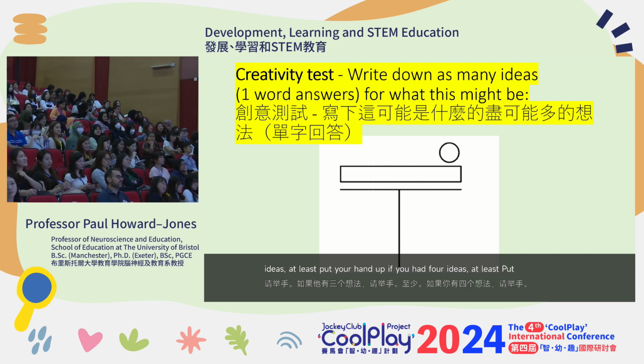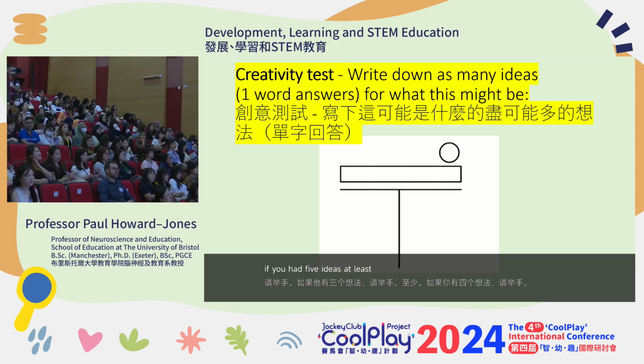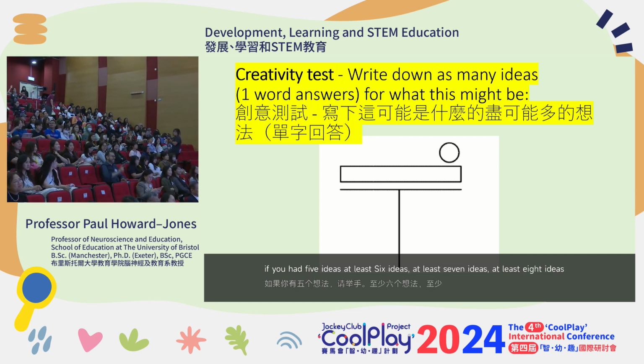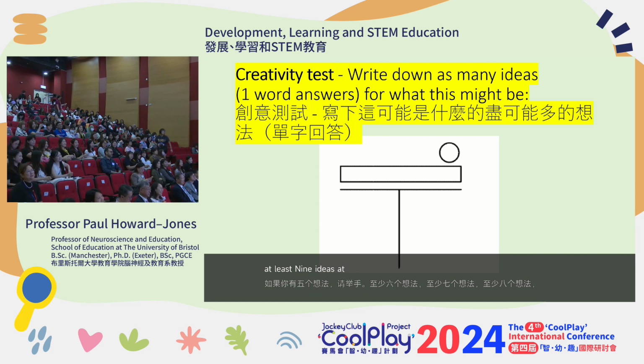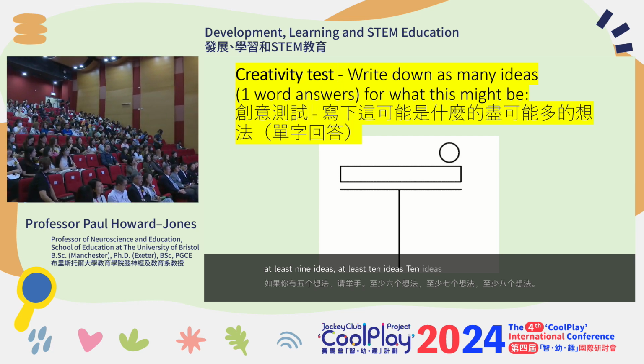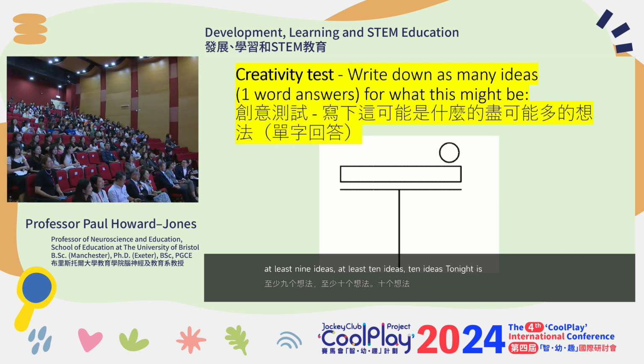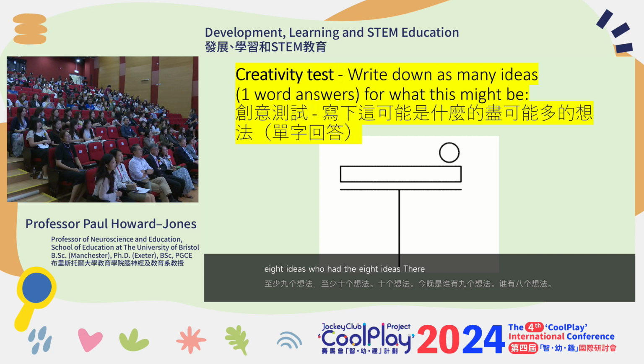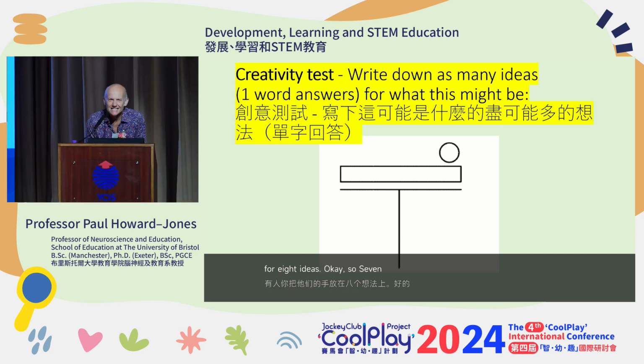Put your hand up if you had 5 ideas at least. 6 ideas at least, 7 ideas at least, 8 ideas at least, 9 ideas at least, 10 ideas. Who had 9 ideas? 8 ideas? Who had the 8 ideas? There was somebody who put their hand up for 8 ideas. Okay, so 7 ideas? Yeah, okay, so we've got a couple with 7.